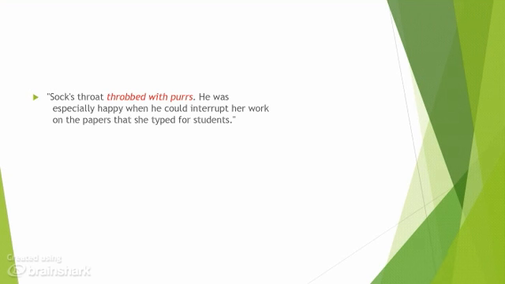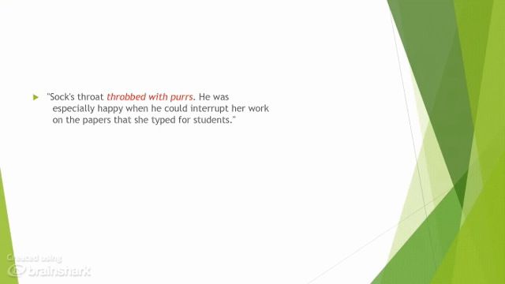This narrator is someone who is not in the story. Socks is not telling the story. It says he. This narrator is telling us what Socks is doing. We do know, however, how Socks feels. We know that he was happy.